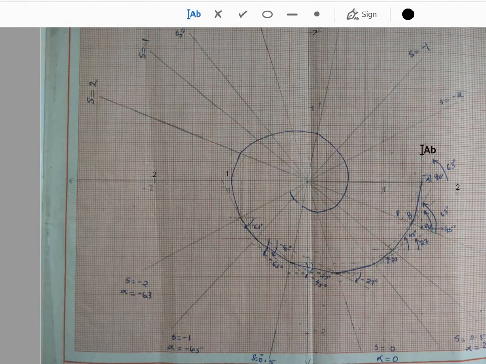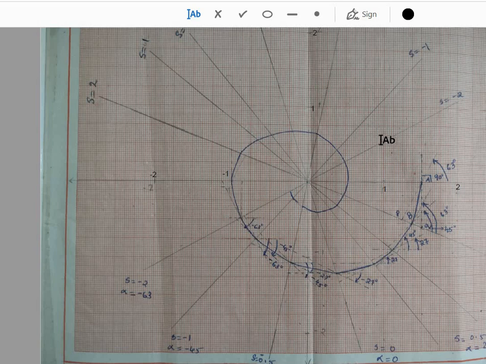Here for s is equal to minus 2, I am taking the values for plotting this isoplane. For x1 and x2, we already found the values in the table. When taking x1 is equal to 1, we got x2 is equal to 0.6. So that is the first point, approximately here.